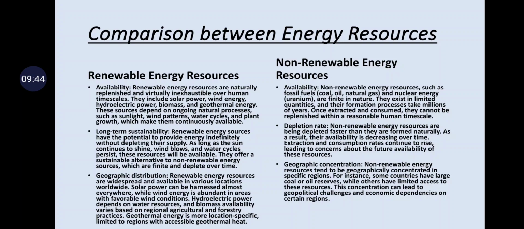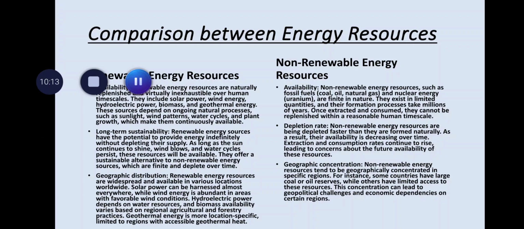Alright, let's talk about non-renewable energy resources. Let's read the availability of non-renewable energy resources. Availability of non-renewable energy resources such as fossil fuels, coal, oil, natural gas, and nuclear energy, uranium, is finite in nature.